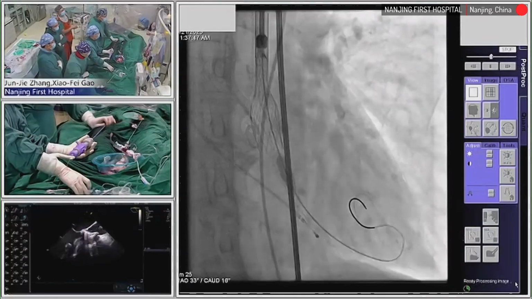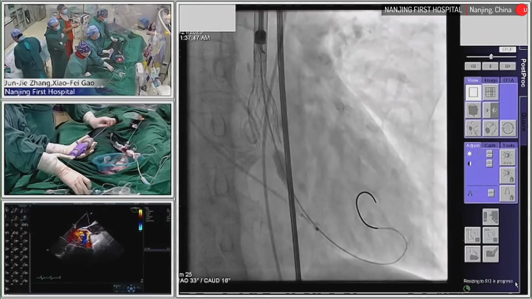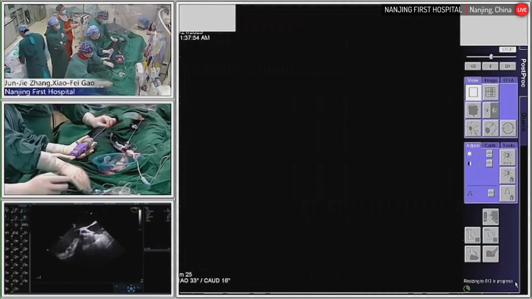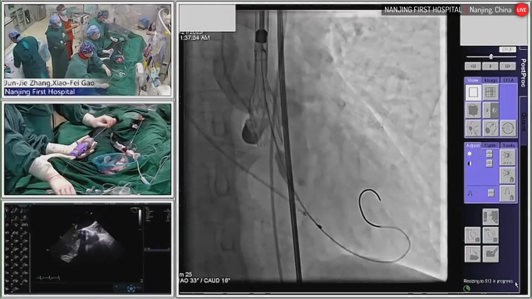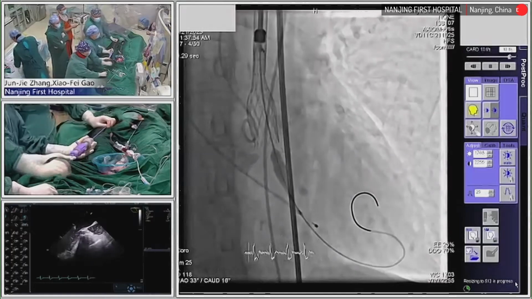Wait a moment. Okay, let's take a picture. Awesome. Go to another view.